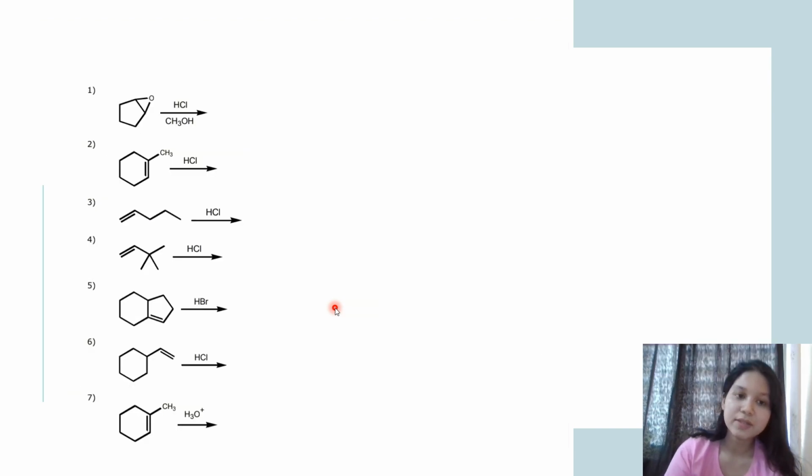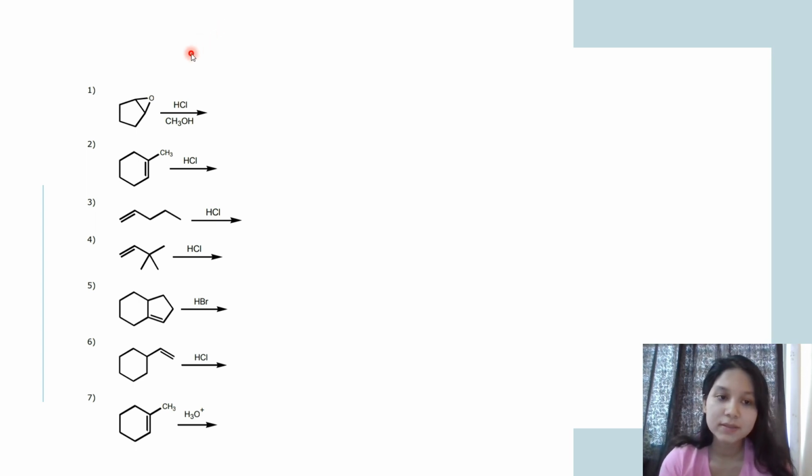So in the first question, you have to react this epoxide, which is pentene oxide, with HCl in presence of methanol solvent. So you are just given the epoxide moiety and hydrochloric acid in methanol.